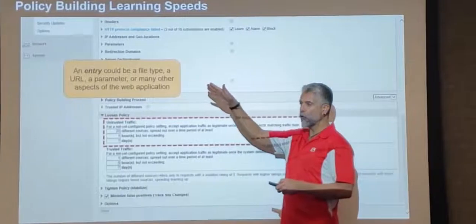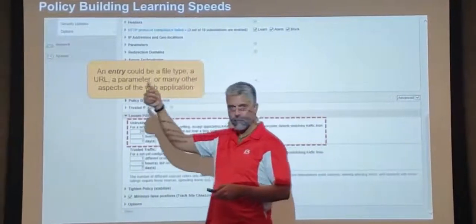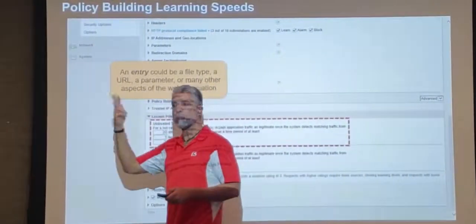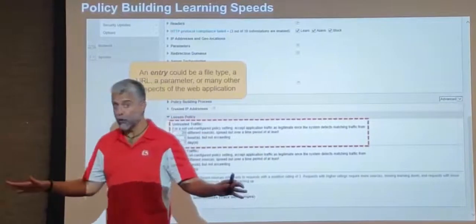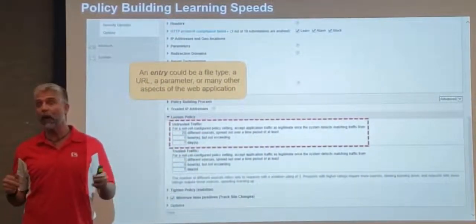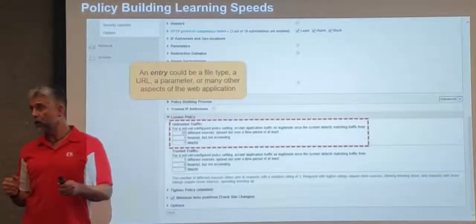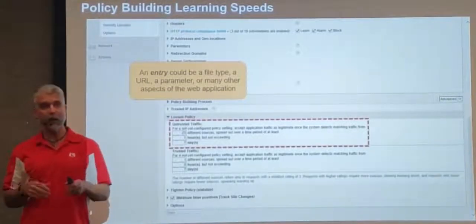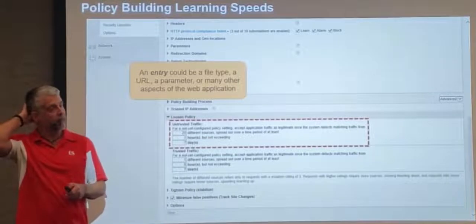Again, any entry I'm referring to could be a file type, it could be a URL, it could be a parameter, it could be any other number of things. Anything that has that learn checkbox on the learning and blocking settings page. The learn checkbox that we saw earlier.